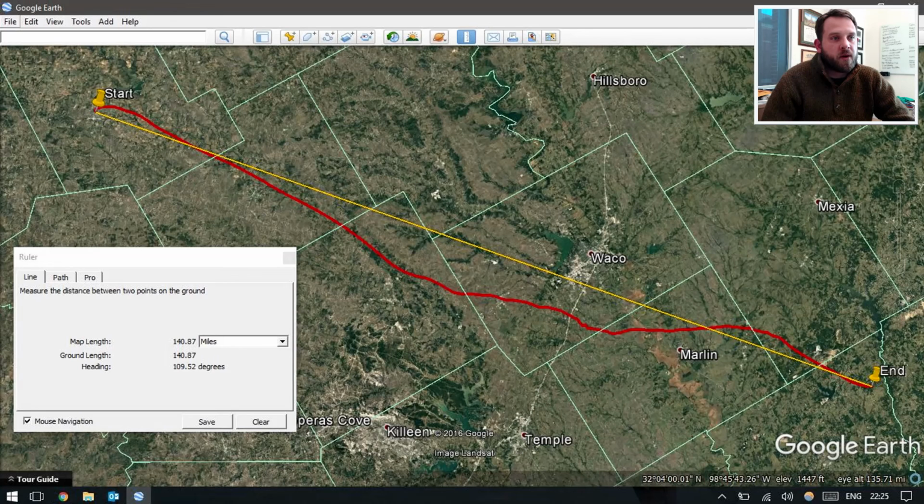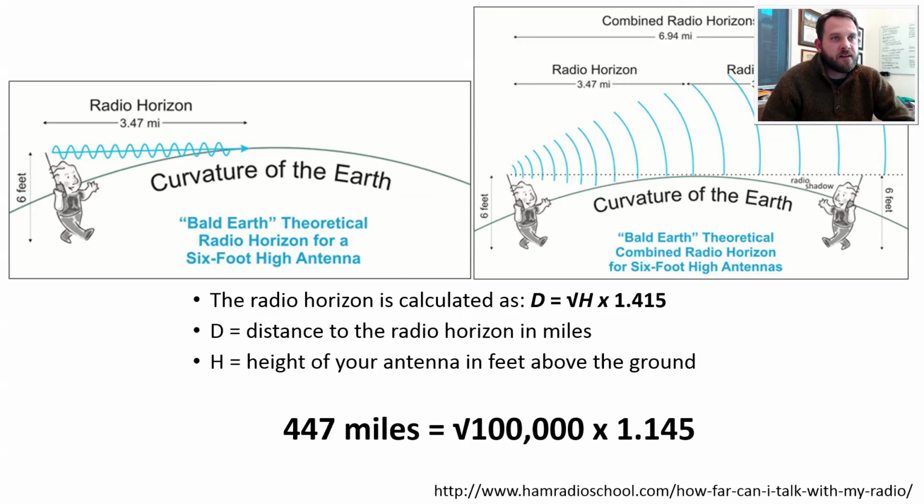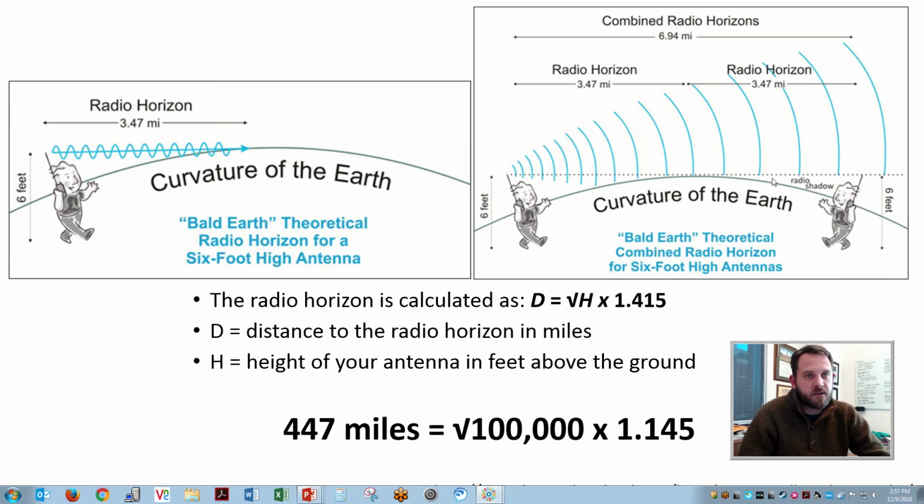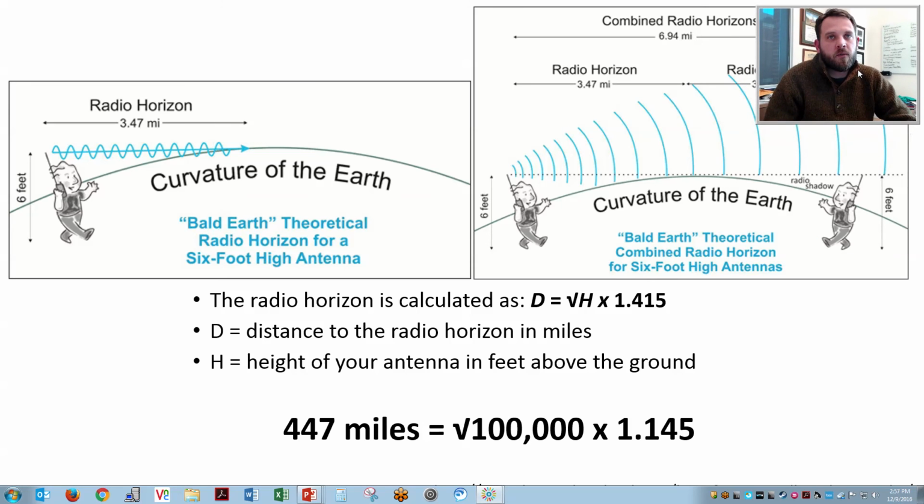From our vantage point at 99,000 feet, we were able to do some experiments with folks on the ground and their ability to talk through our repeater package, our repeater payload. On radios that should, because of the curvature of the Earth, only have about a 3.5 mile range, or perhaps a 7 mile range, we were able to use this radio horizon calculation to work out how much range an antenna that high is able to see due to the curvature of the Earth.